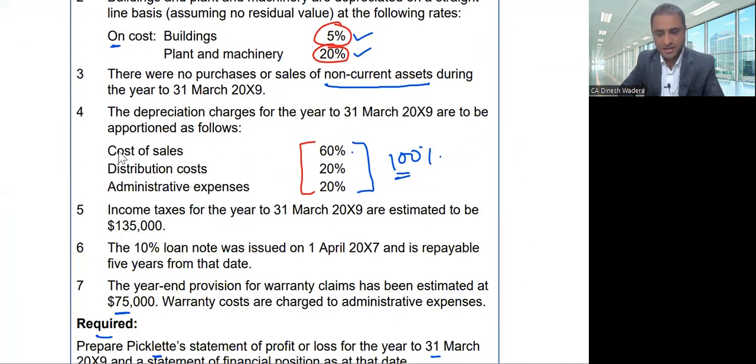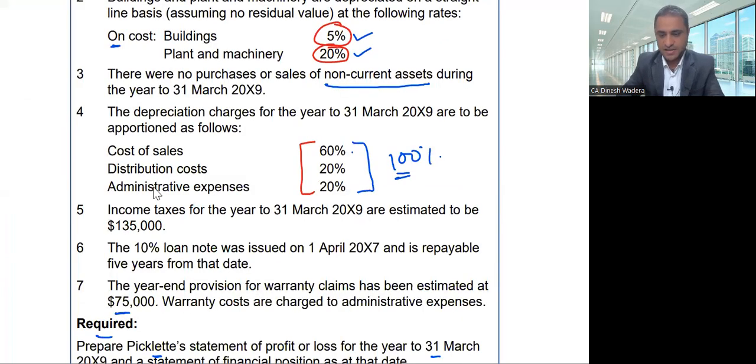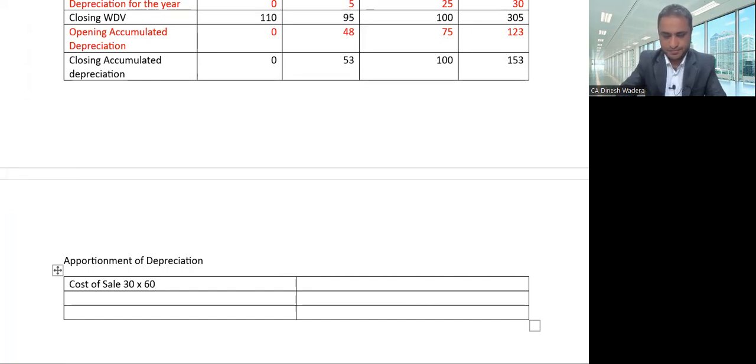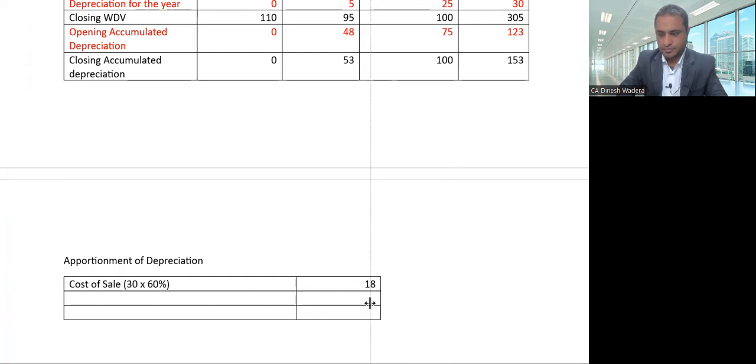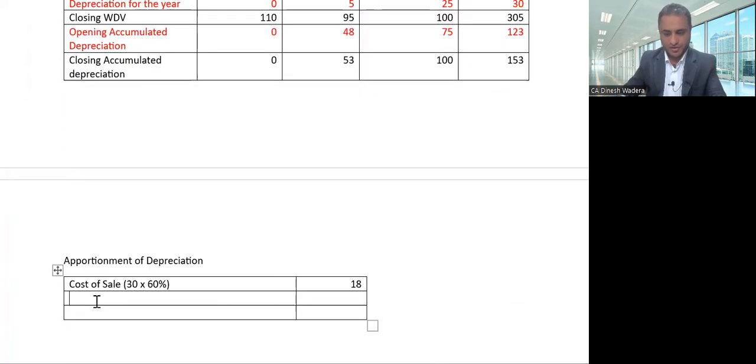They say distribute or divide your depreciation in cost of sales 60%. 30 multiplied by 60%, 3 6 is 18. Then distribution cost 20%.